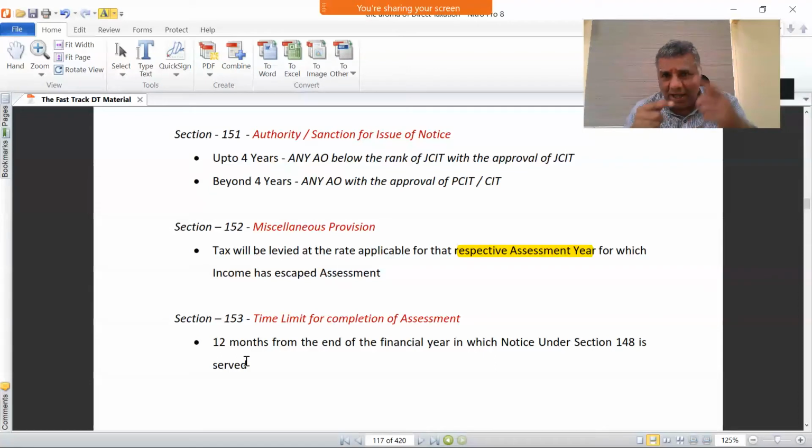Can I tell you in a simple manner? 147 assessment, 148 notice, 149 time limit, 150 no time limit, 151 doctrine of indoor management, who has to give approval, etc. 152 rate of taxation, 153 time limit for completion.